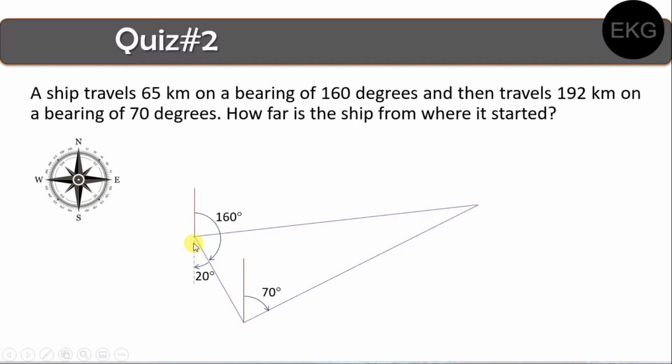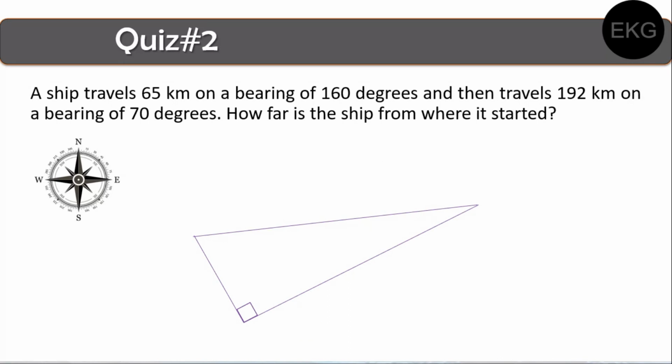And if this is a straight line here, and this is also a straight line here, and this line is common, then if this is 20 degrees, this will also be 20 degrees.